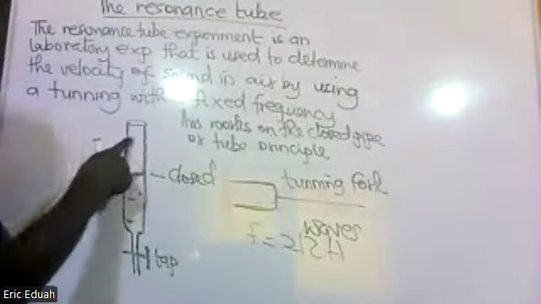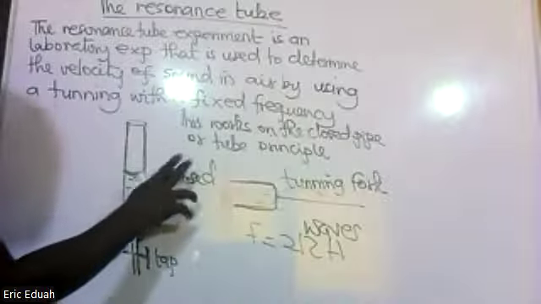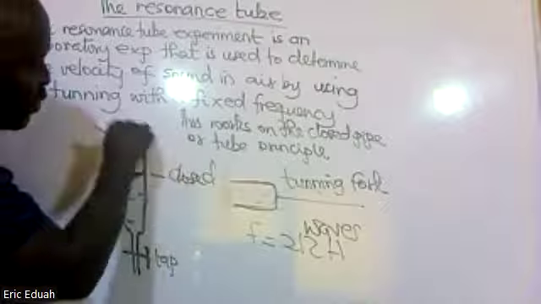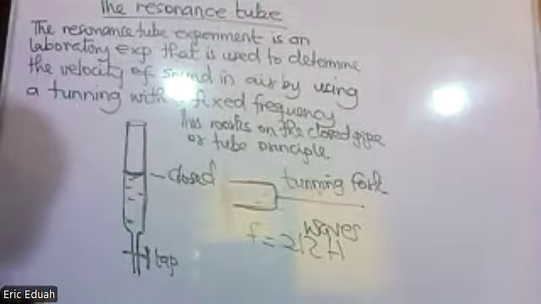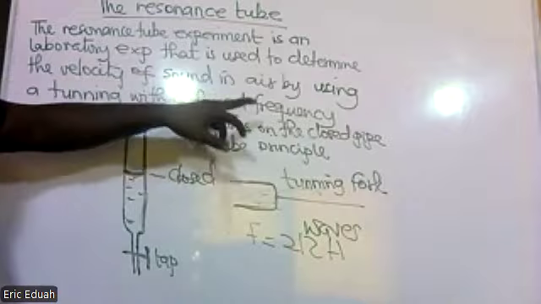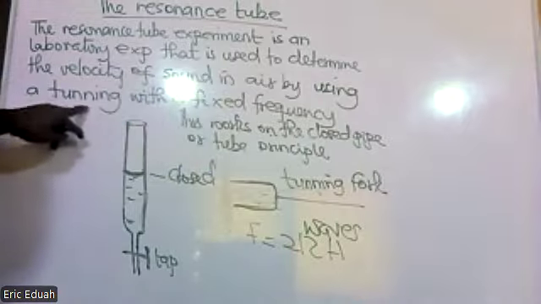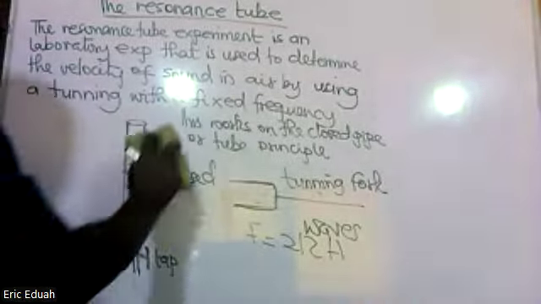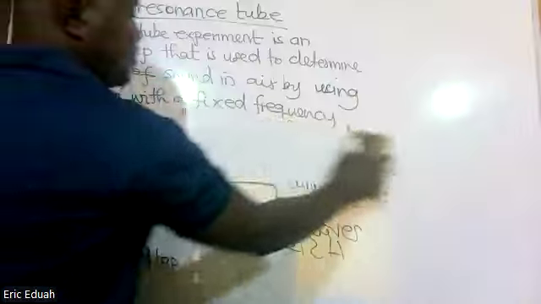So we want to create a wave within a tube with a particular known frequency. That's why we are saying that it is used, by using a tuning fork with a fixed or known frequency.